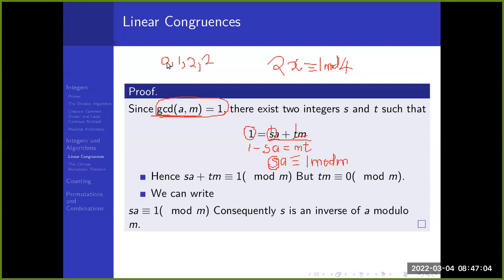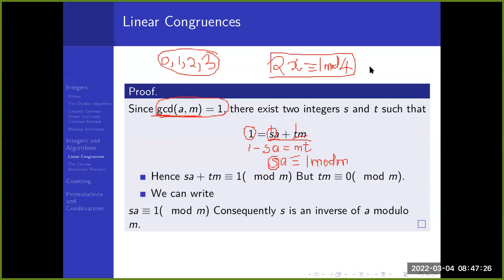So if you check them one by one, 2 times 0 is not congruent to 1 modulo 4. 2 times 1 is not. 2 times 2 is not congruent to 1 modulo 4, and 2 times 3 as well is not congruent to 1 modulo 4. So none of the numbers here will work, there will not be a solution.